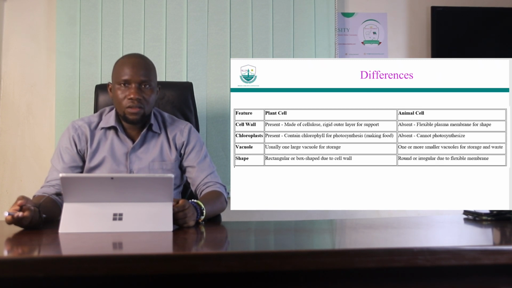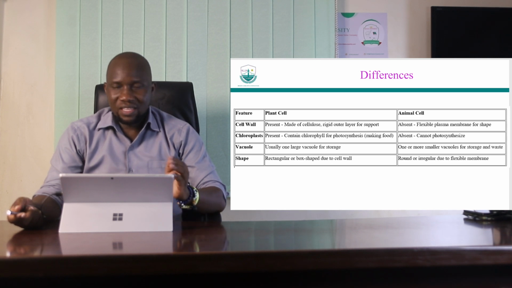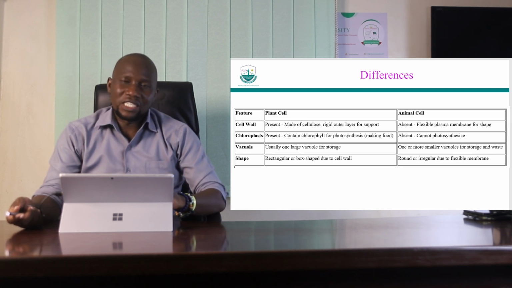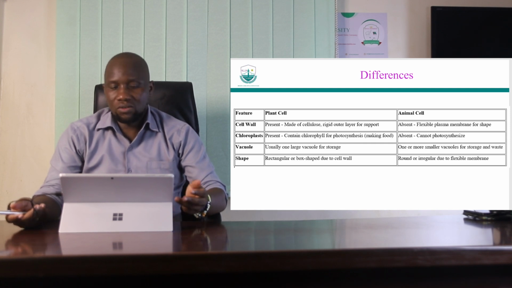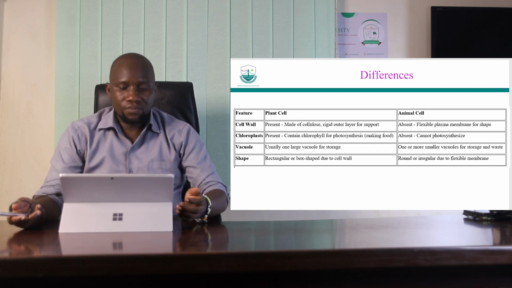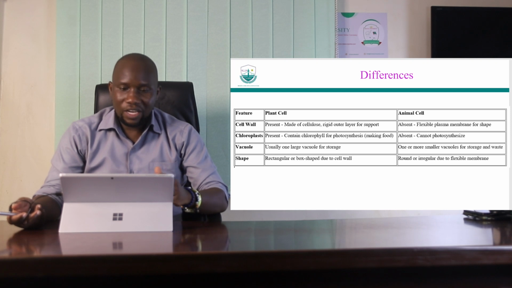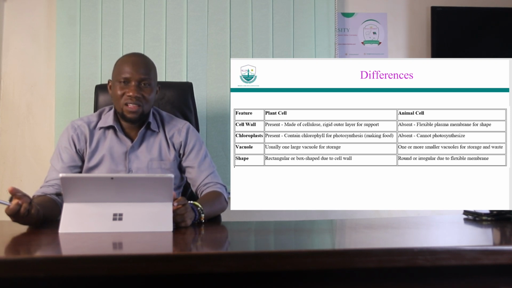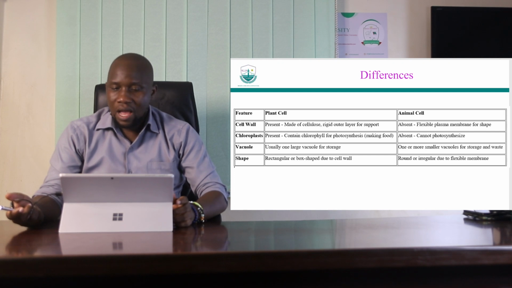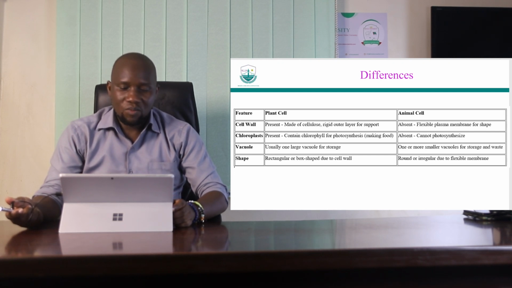So, we may not really go through this again, but the things that the plant cell has that the animal cell does not have include the chloroplast, the cell wall, and the vacuole. We have vacuoles in both cases, but for the plants, they are large, and for the animal cell, they are small.